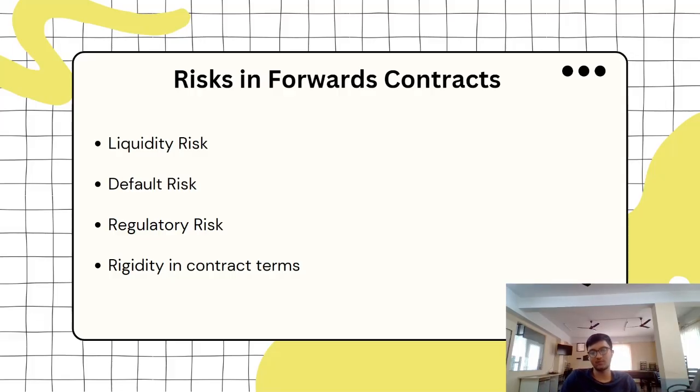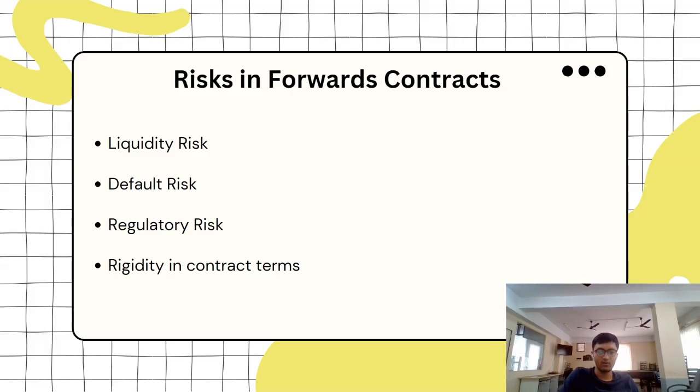So futures, options, or stocks, anything related to investing, financing, trading, are highly regulated in India. And rigidity in contract terms: these contracts were pre-decided, and they did not change the price as the price of the instrument goes up and down.